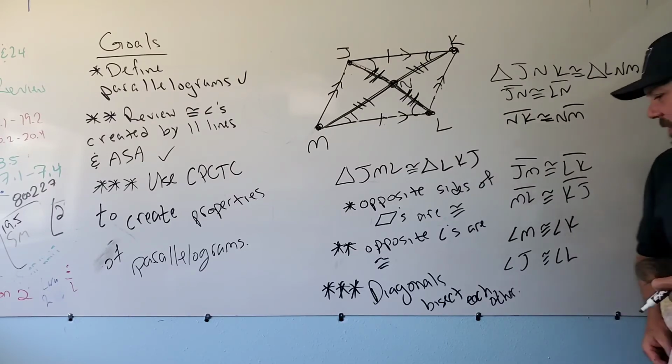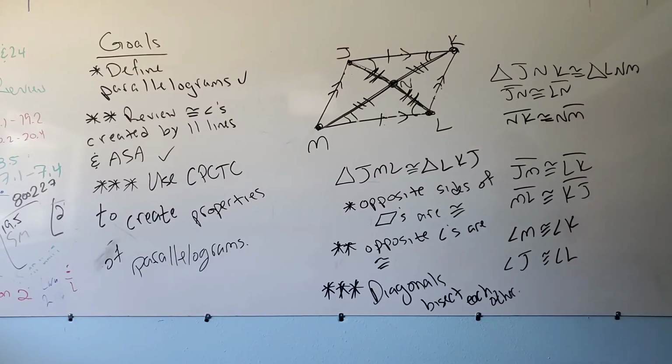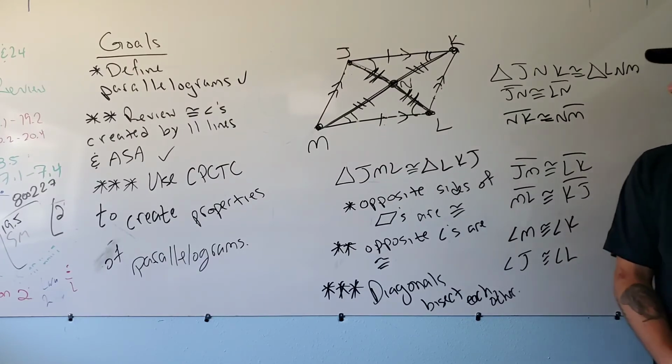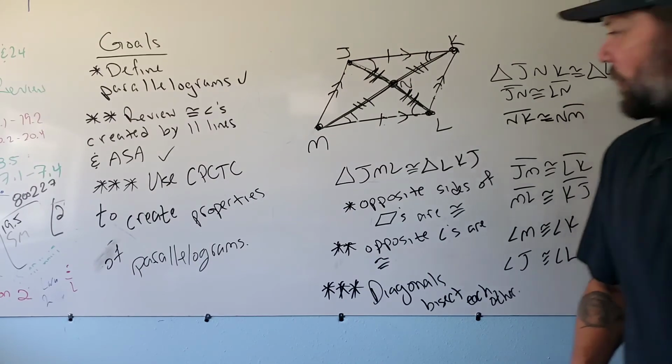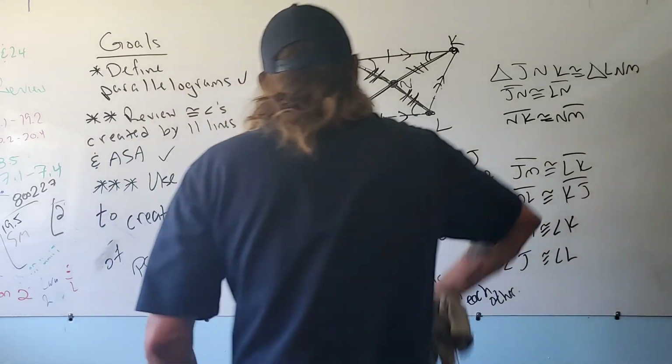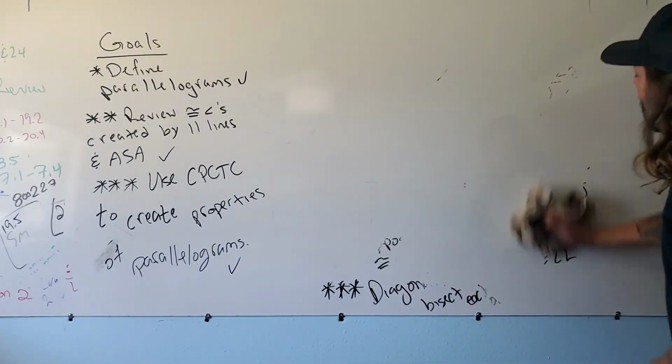So I'd like to just draw a bubble diagram just to help us see what our potential first steps are when we have a parallelogram. So I'm going to check the last goal. And let me just do this here real quick. All right.